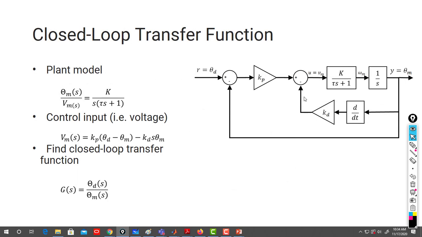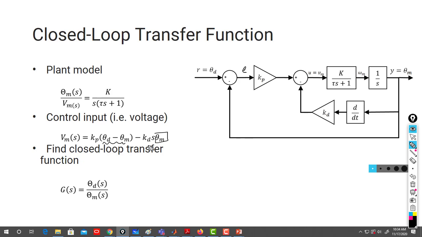Then they have the open loop plant theta m over Vm, and this is the control input. The control input looks like this: that's the error, theta d minus theta m, and here minus kd s theta m. Here it's theta m, not theta d minus theta m. That's proportional plus velocity feedback.